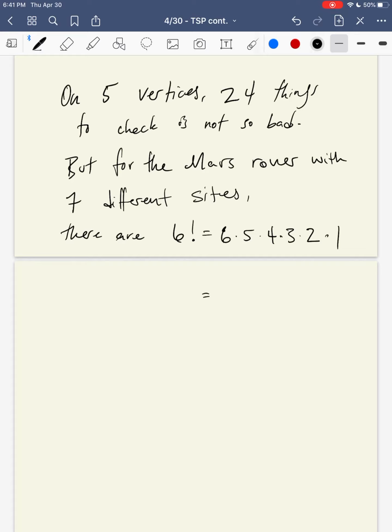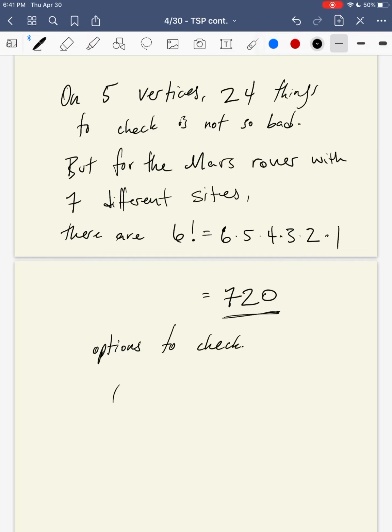So that's 24 times 5 is 120, times 6 is 720. 720 options to check. For a computer, that's still not bad.